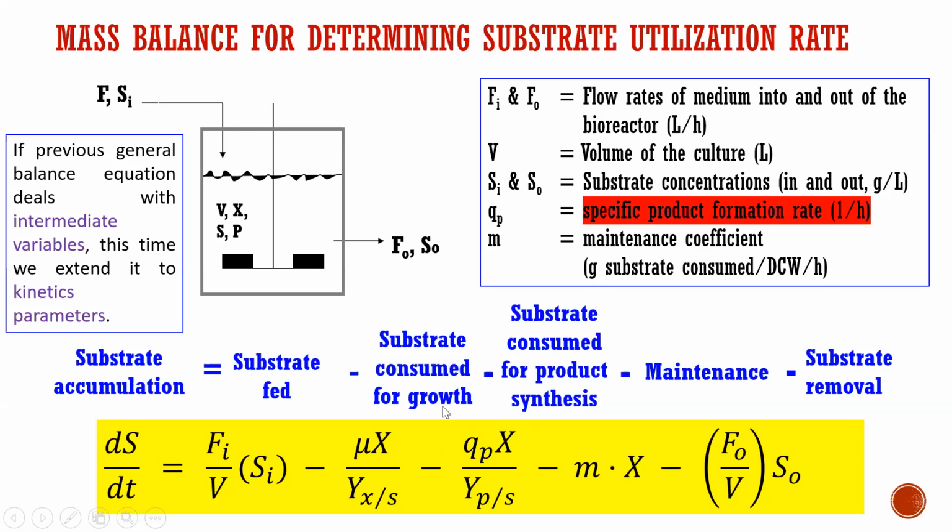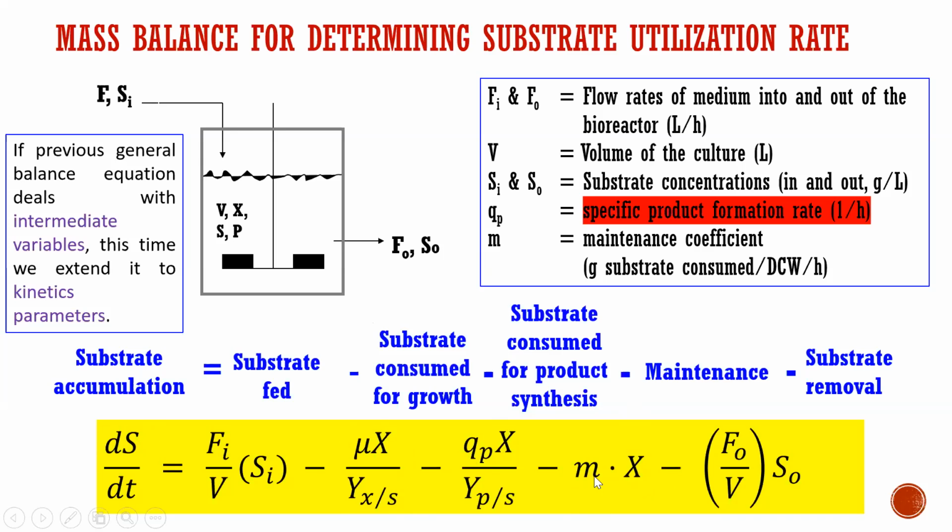If you're talking about growth, you have mu X. If you talk about product, you have QP X, and then you just divide it with the coefficient. You can check whether the unit here is similar with this or not. It should be the same. For maintenance, it's just mX. So the question is, what would be the unit for m? Because here you have gram cell per liter, and here you have gram substrate per liter per hour.